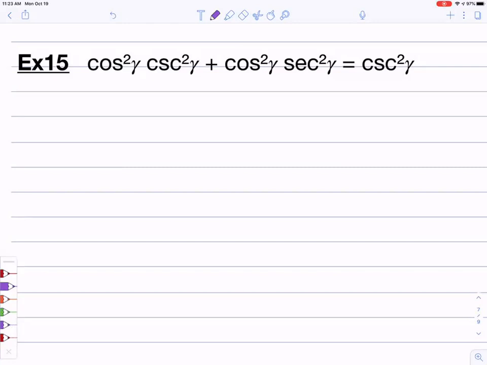I would add them together. Cosine squared. Yeah. And then let's do the cosine.